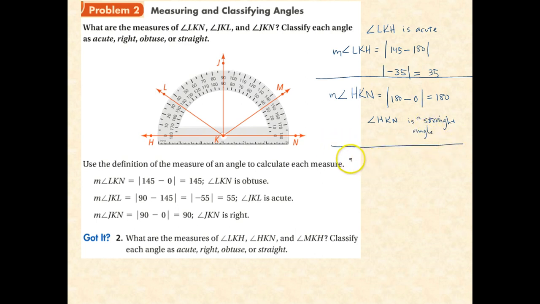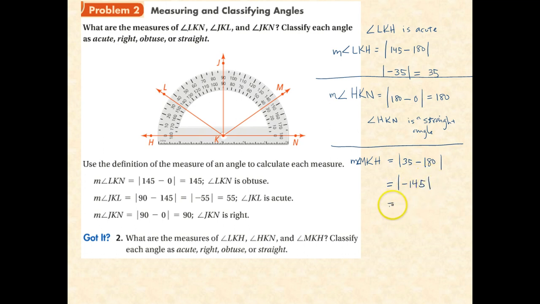And then the measure of angle MKH is the absolute value of, oops, I forgot my angle sign here. The measure of angle MKH is 35 minus 180. 35 minus 180 is negative 145.